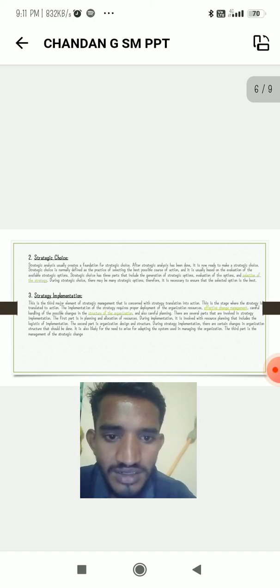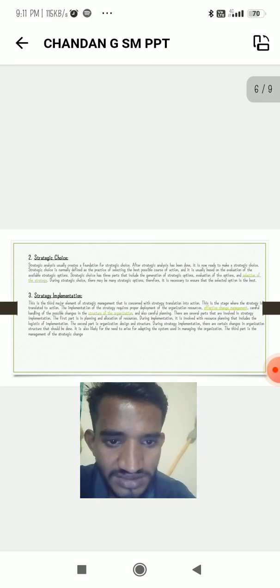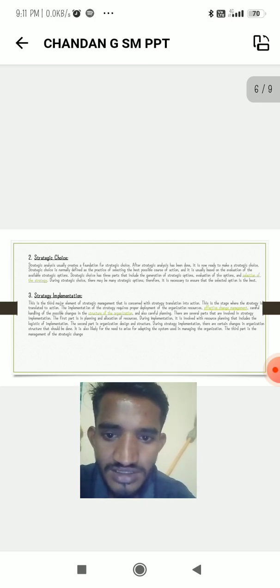There are several parts that are involved in strategy implementation. The first part is the planning and allocation of resources. During implementation, it involves resource planning that includes the logistics of implementation.